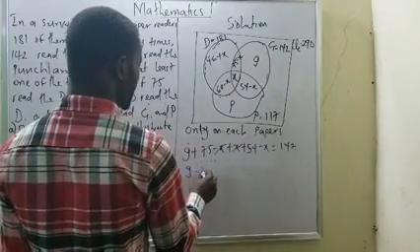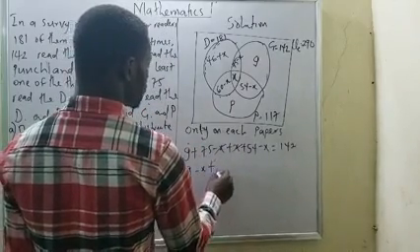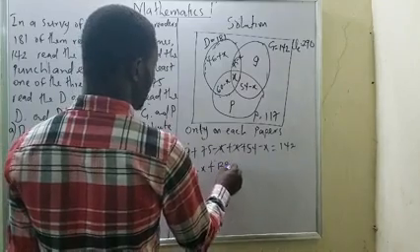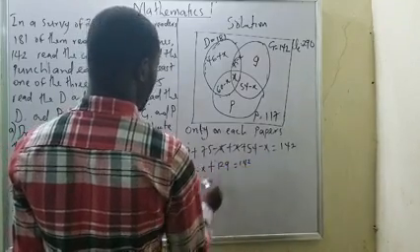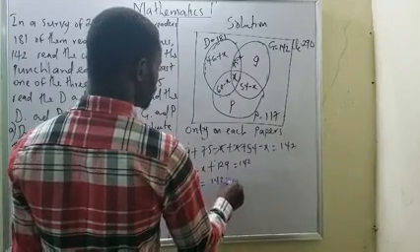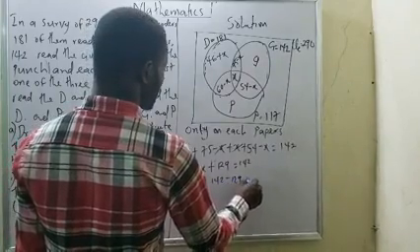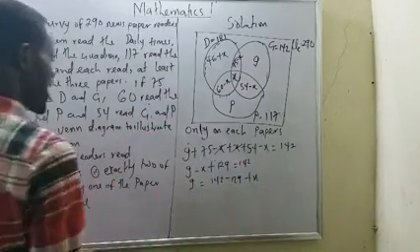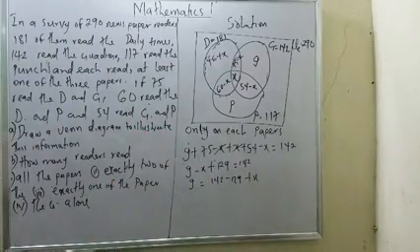Now G plus 129 equals 142, so my G equals 142 minus 129 plus X, which is 13 plus X.